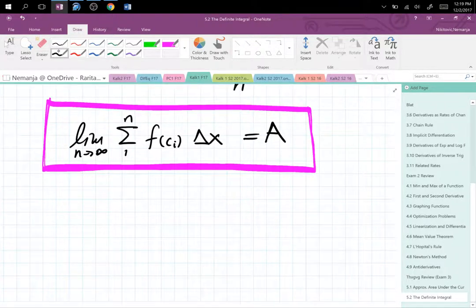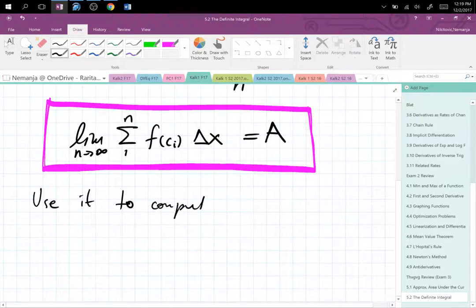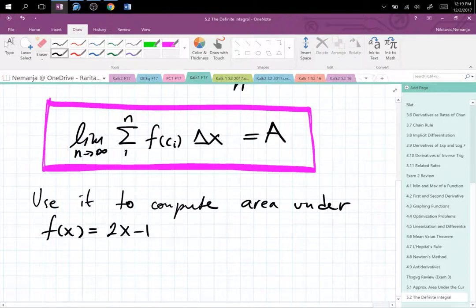So let's use it to compute, say, the area under f of x equals, well, let's do two examples. So 2x minus 1 on the interval 2 to 5.